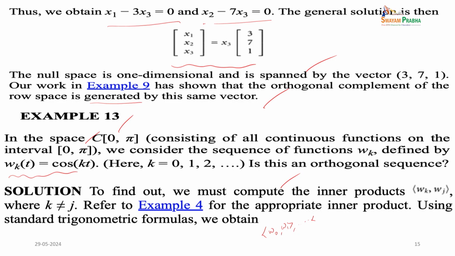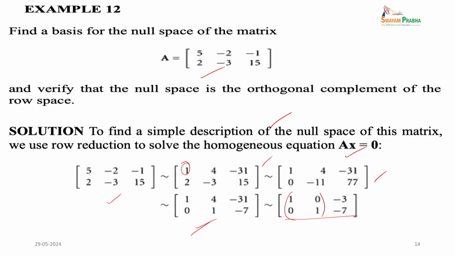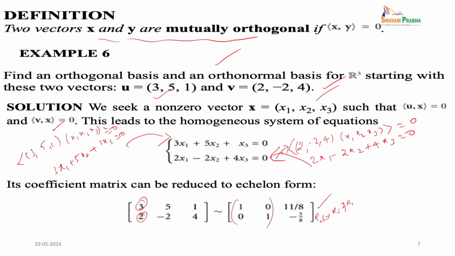Refer to the example and use the standard trigonometric formulas. So, we obtain the inner product of wk and wj as the integral from 0 to pi of cos kt times cos jt dt. This is what we wrote in Example 4, so you check it out.